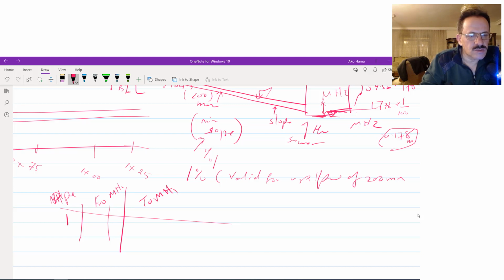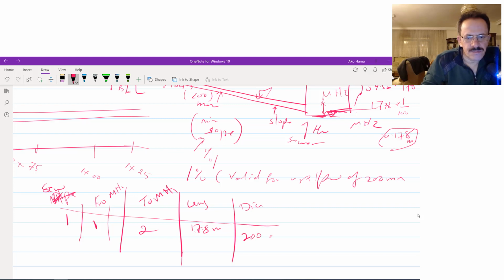So pipe 1, sewer 1, from manhole number 1 to manhole number 2. The length was 17.8 meters. Now the diameter was 200 millimeters.